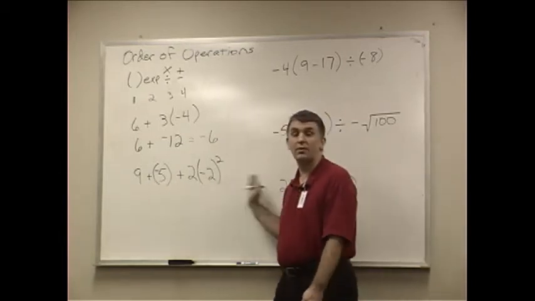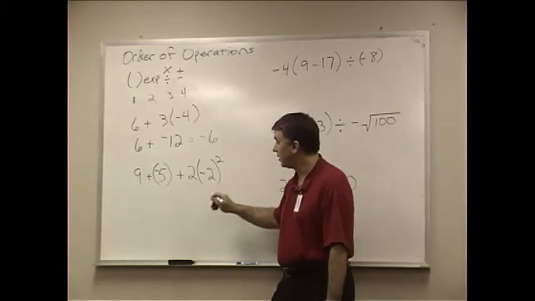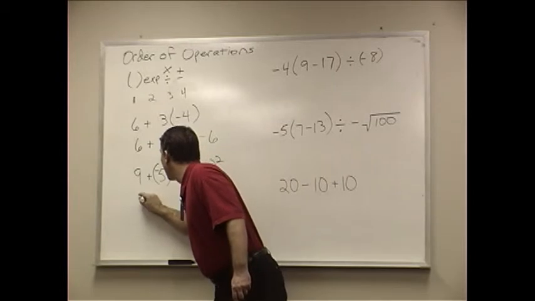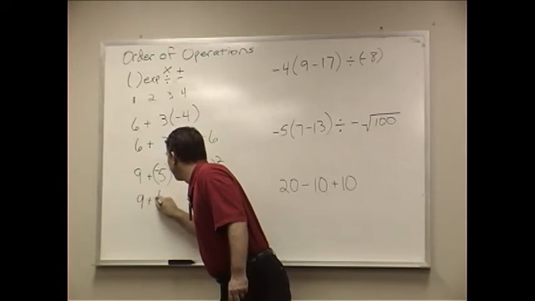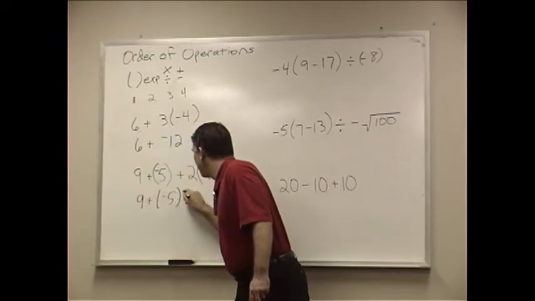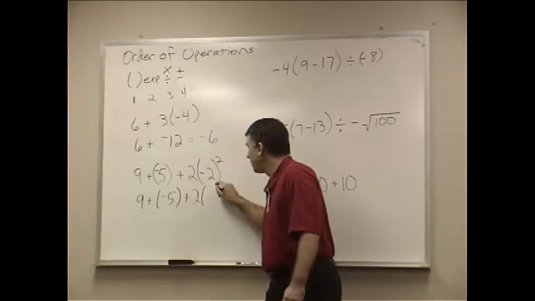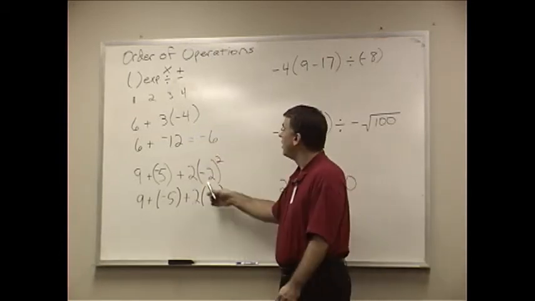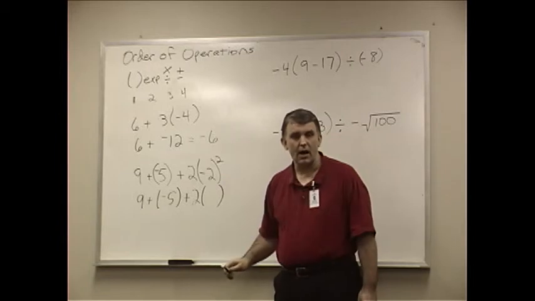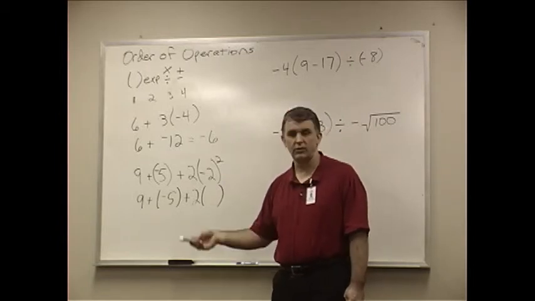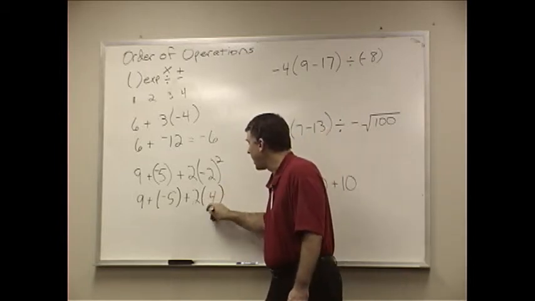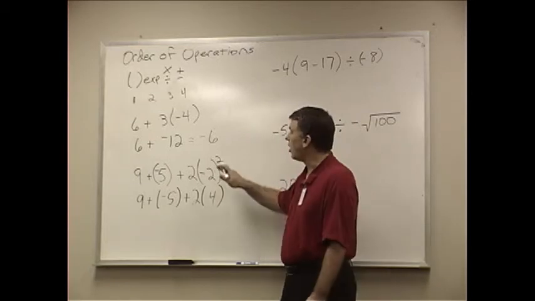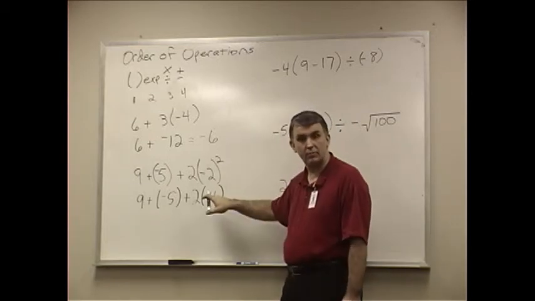So no parentheses to deal with. Exponents. So now I'm going to write 9 plus -5 plus 2, and we'll put the parentheses there, -2 to the second power. -2 times -2, that's +4. So that's all I did on this, is I did the exponents.